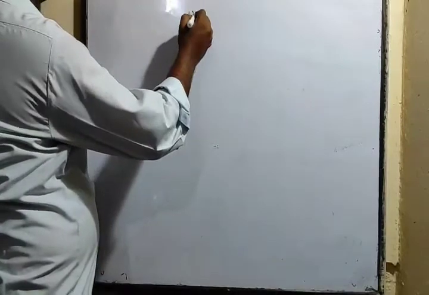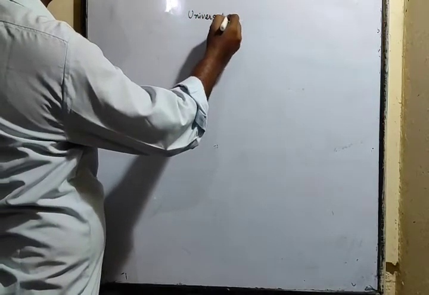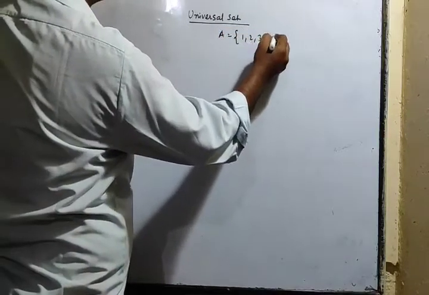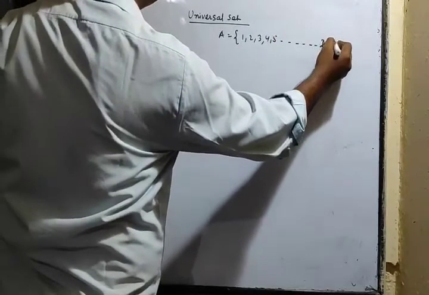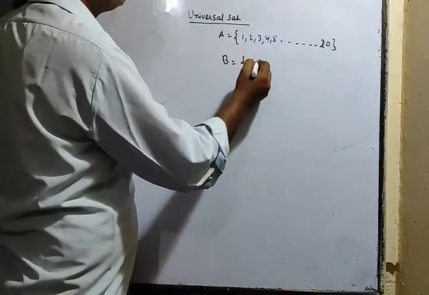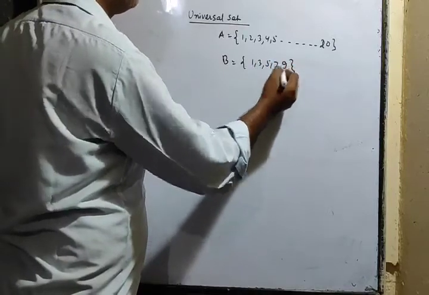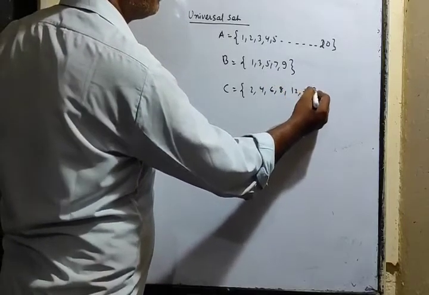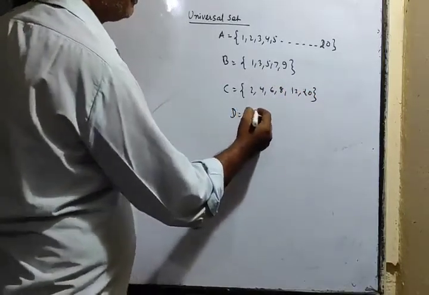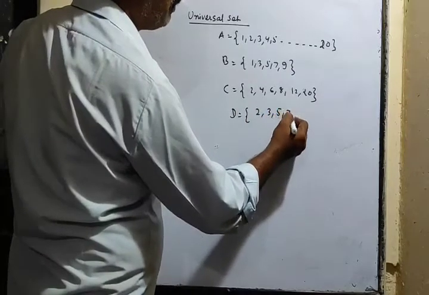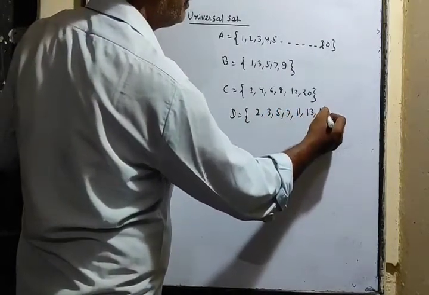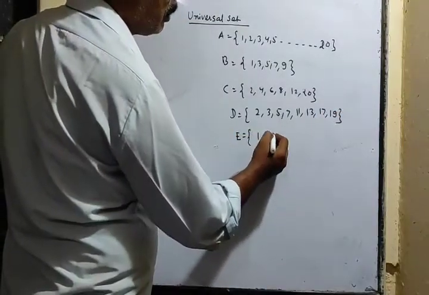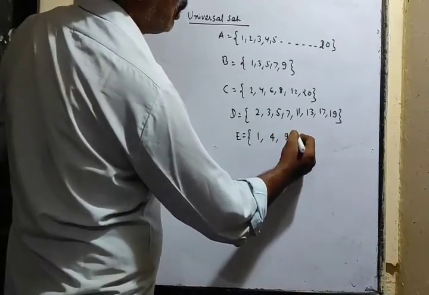Now we'll come to the topic universal set. Consider A is given 1, 2, 3, 4, 5, and so on up to 20. B is given 1, 3, 5, 7, 9. C is given 2, 4, 6, 8, 12 and 20. D is given 2, 3, 5, 7, 11, 13, 17 and 19. E is given 1, 4, 9 and 16.